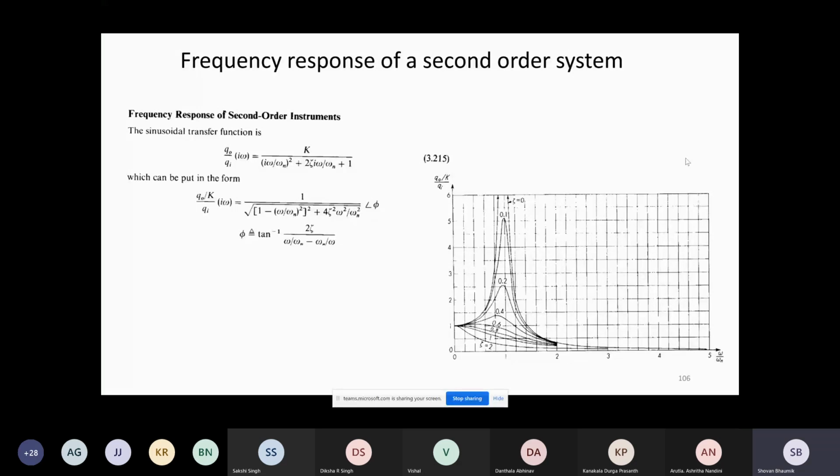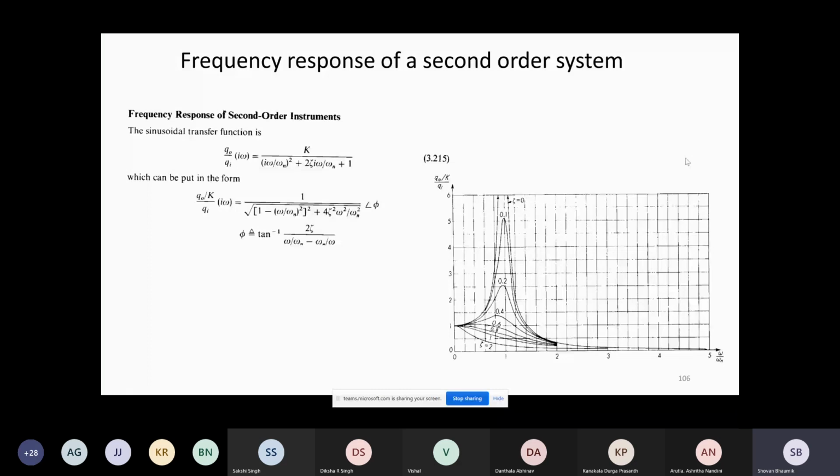Now, as I said, our problem is different. We know the output, we need to know the input. So whenever you get some output response, you can grab it, you can convert it into a sum of sinusoids. If you are in the continuous domain, which is not very usual, you can do it by Fourier transform, or if you are in a discrete domain, you have to grab it using a data acquisition box, and from that data you can use the fast Fourier transform so that you know the different sinusoids and their frequencies.